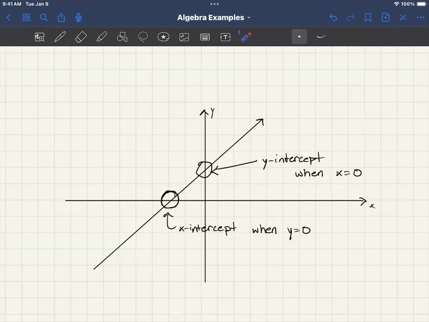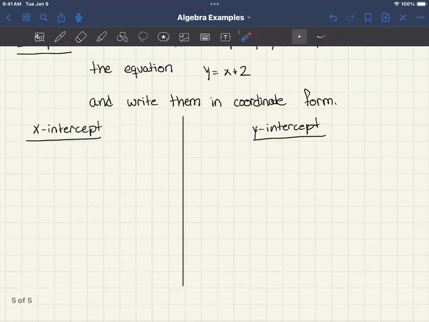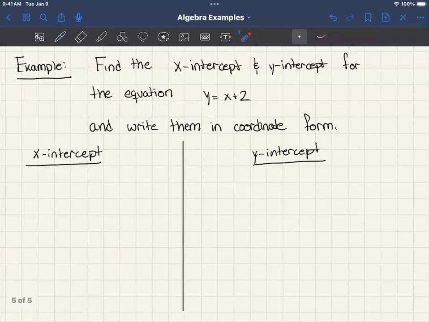So you'll notice, when we're looking at the x-intercept, we set y equal to 0. When we're searching for the y-intercept, we set x equal to 0. So a good thing to remember is that whatever value you're working with, you are going to set the opposite value to 0.